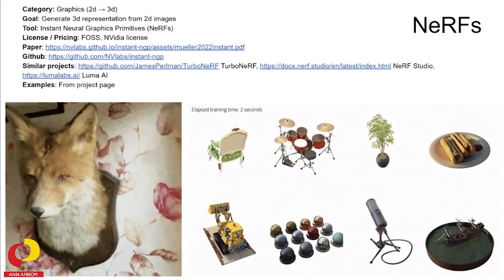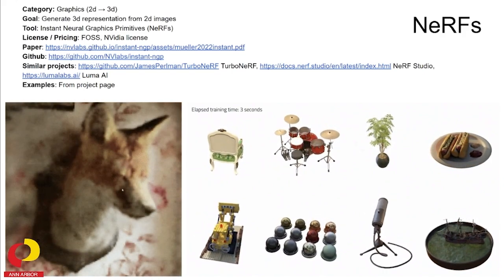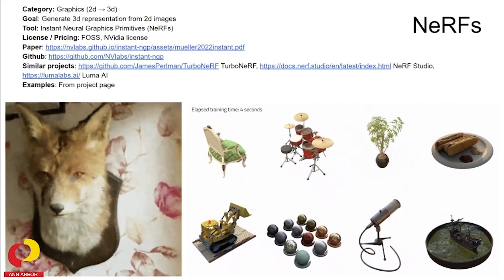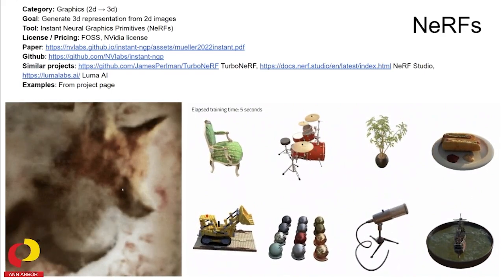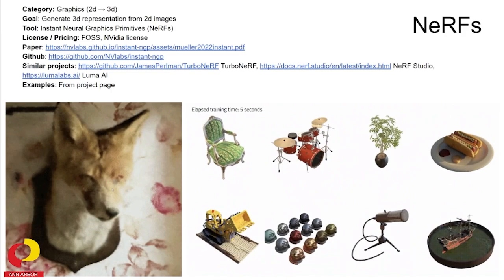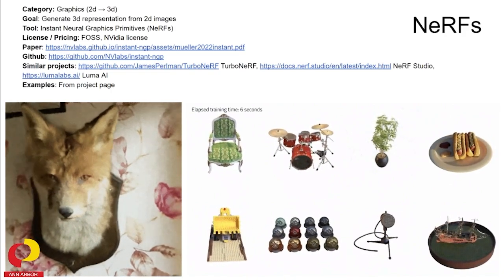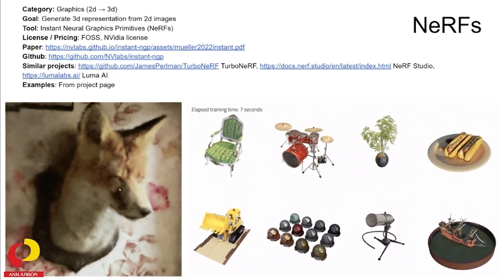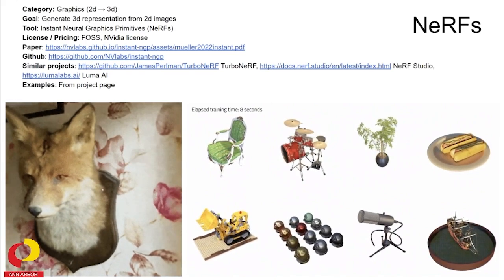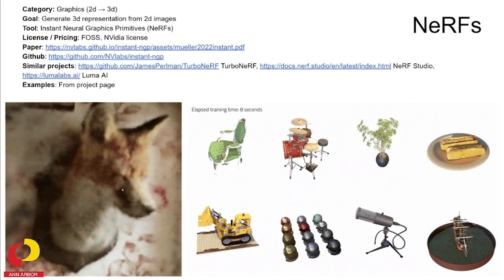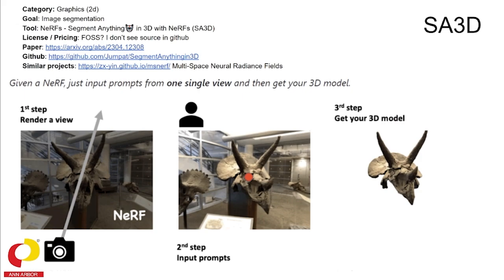There are some other tools that do this. So there's Turbo NERF, NERF Studio, and Luma AI. Luma AI you can actually download on your phone if you have an iPhone 11 or higher. And you can capture your Legos as a NERF and then render them. I don't have an iPhone 11, so I couldn't try.